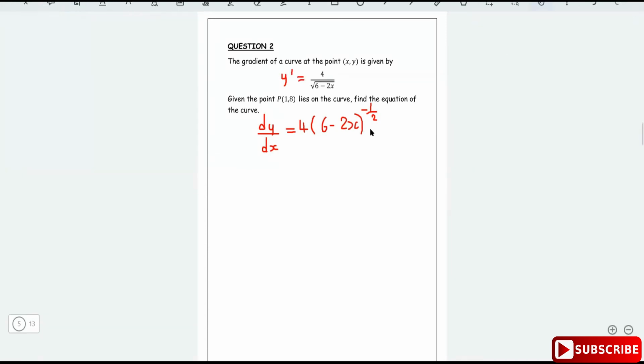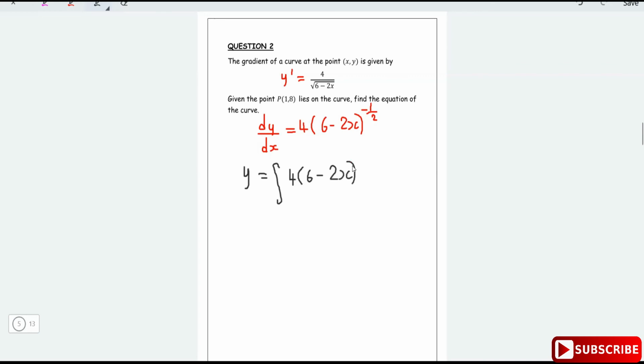Now, in order to find the equation of the curve, you have to remember y is going to be the integral of dy by dx. So y is going to be equal to the integral of 4 times 6 minus 2x.